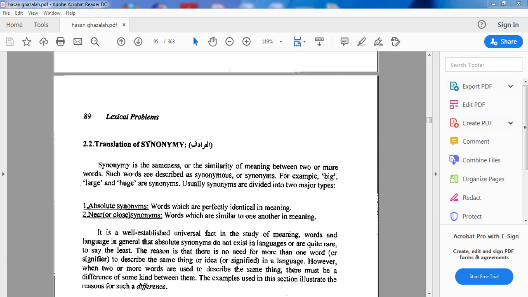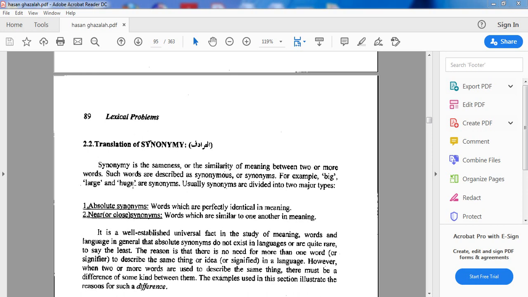For example, we have words such as big, large, huge. We have also giant, colossal. So all these refer to the same meaning.